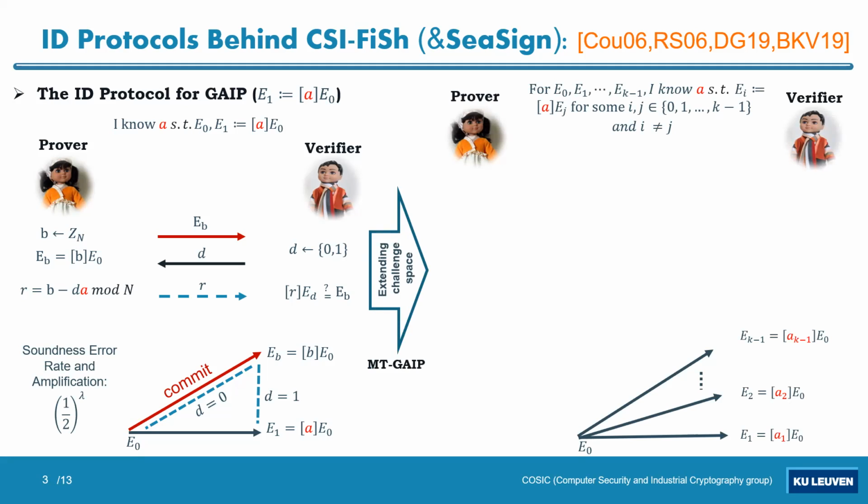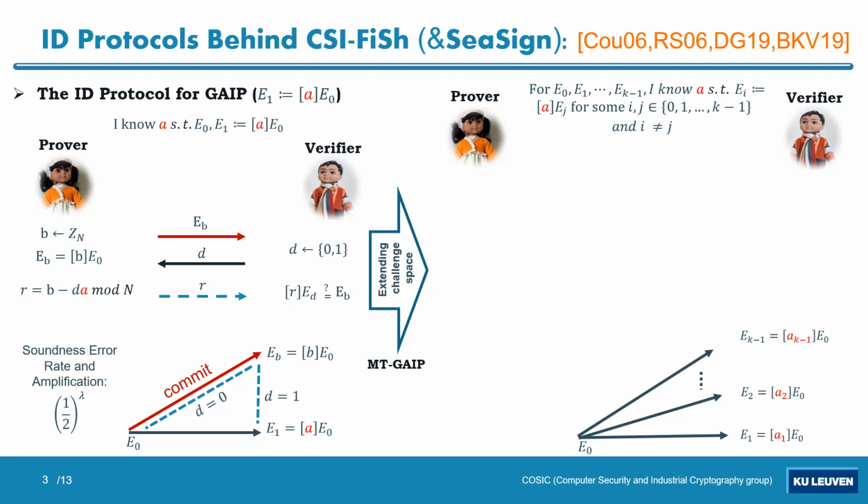There is another cool idea: instead of proving the relation between two curves, you can try to prove the relation between many of them. You extend the public key and say that you know the link between any two that the verifier picks, the ones that you are challenged on.